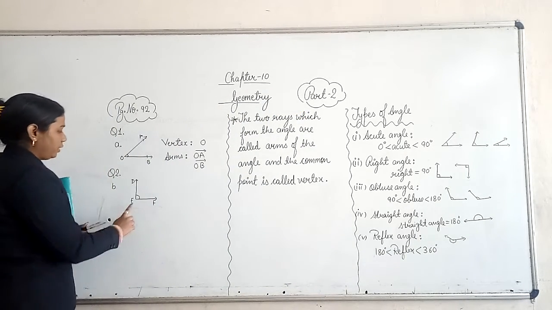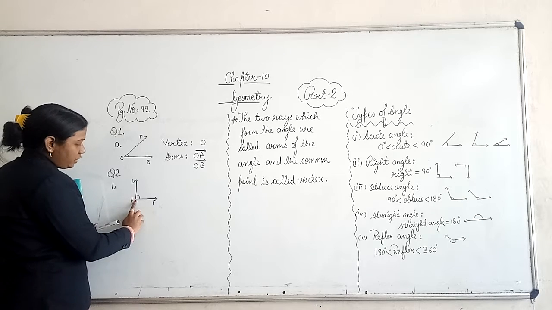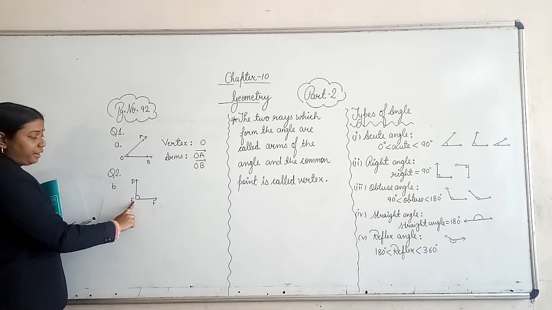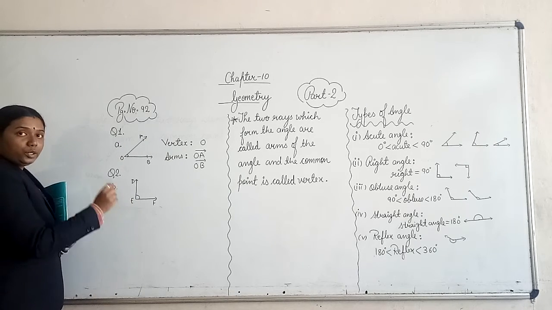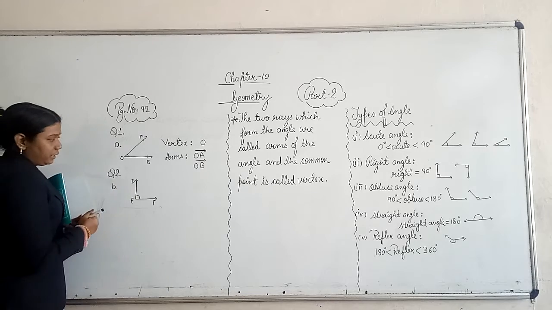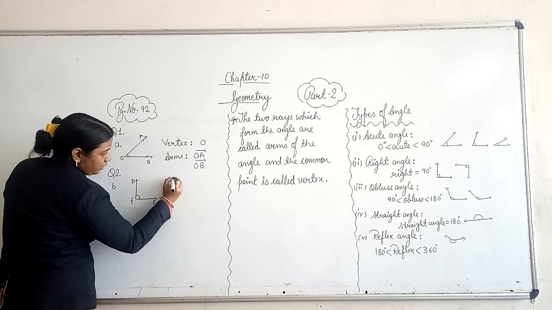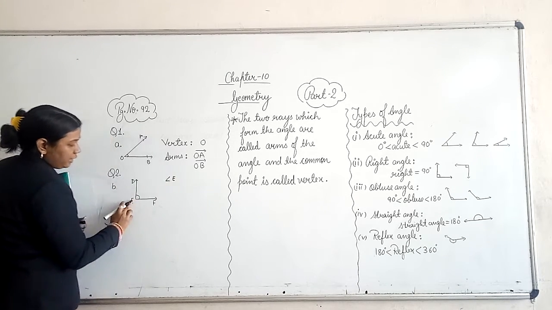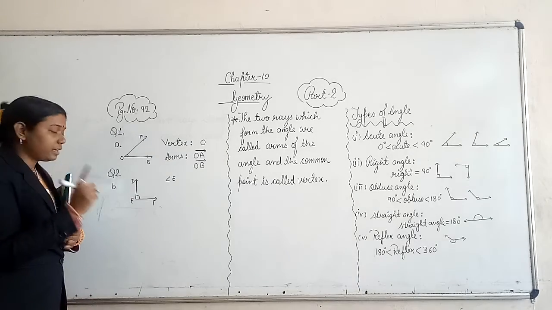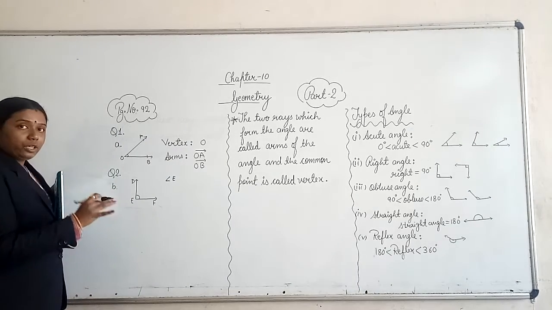The first way, पहला तरीका, जिस vertex पे angle बन रहा है, you can directly write it. कैसे? Angle E. इसका नेम क्या हो सकता है? पहला तरीका इसका angle E. What we have done?